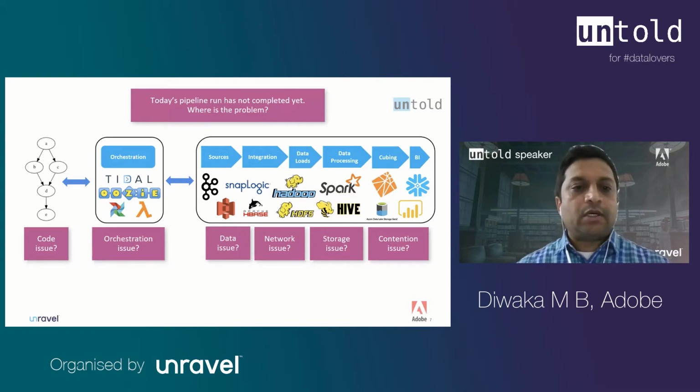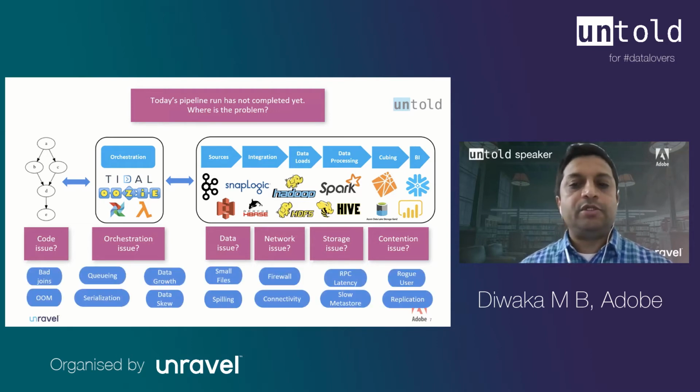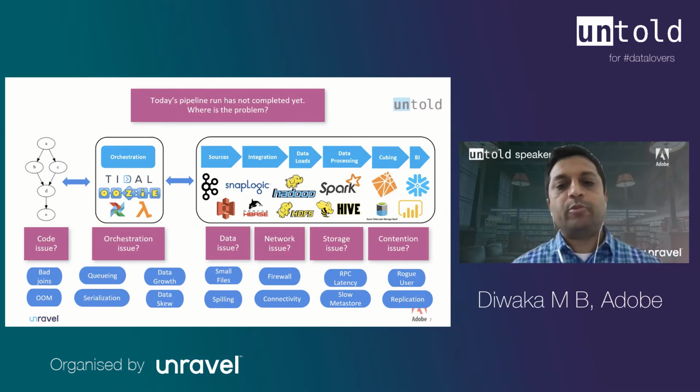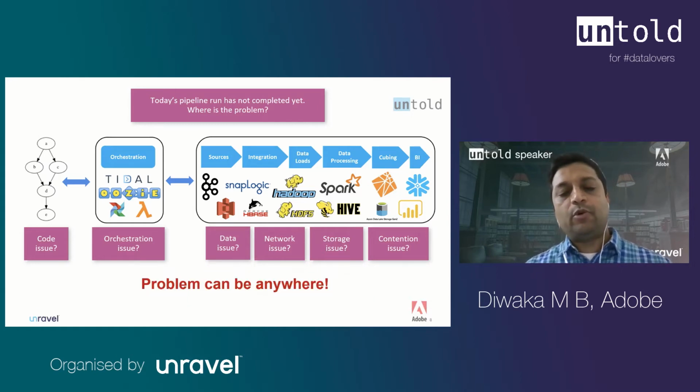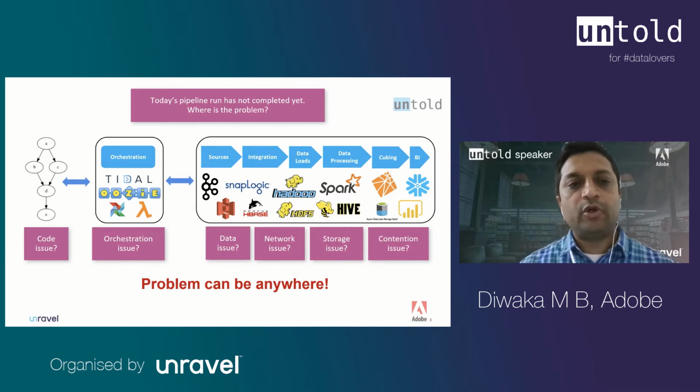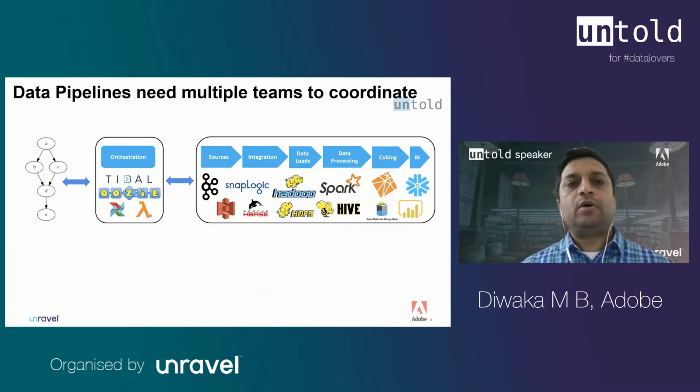Yes, these are some of the issues that might occur in different layers, just simple examples we have brought in here: there could be engineering issues, issues at the orchestration layer, issues at the data processing layer, and of course at the replication and BI level as well. So a problem can be anywhere for an operations person who is monitoring this on a daily basis.